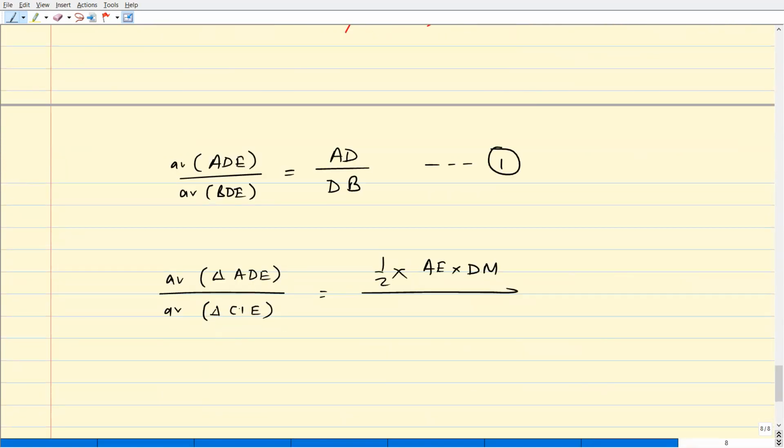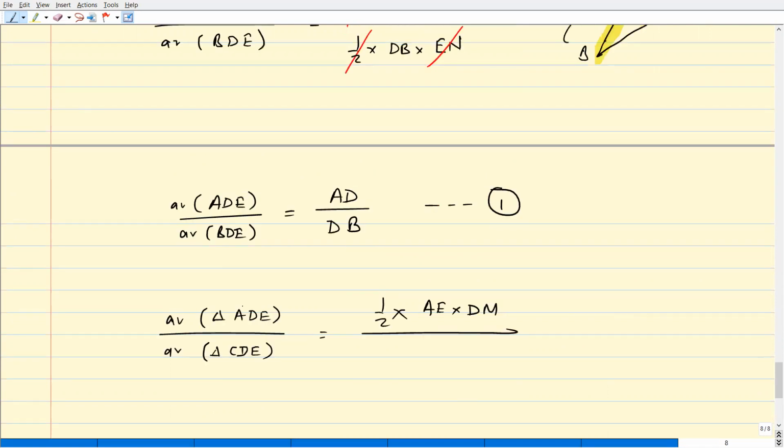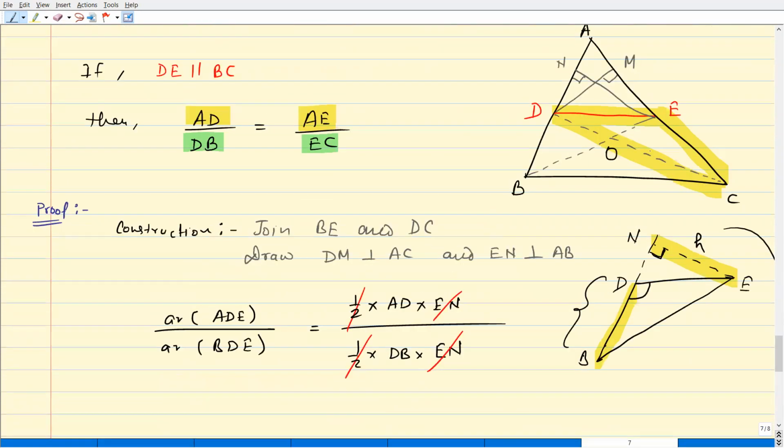And consider the area of triangle CDE. Half into base EC into height DM.